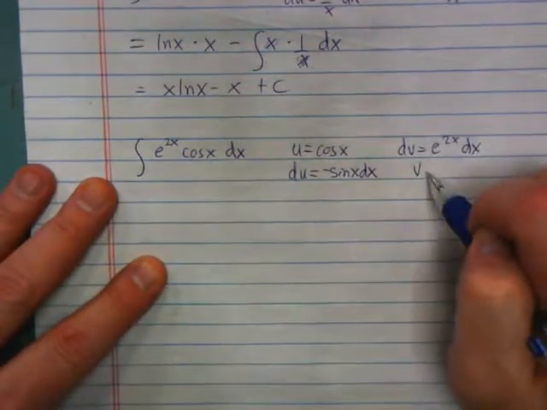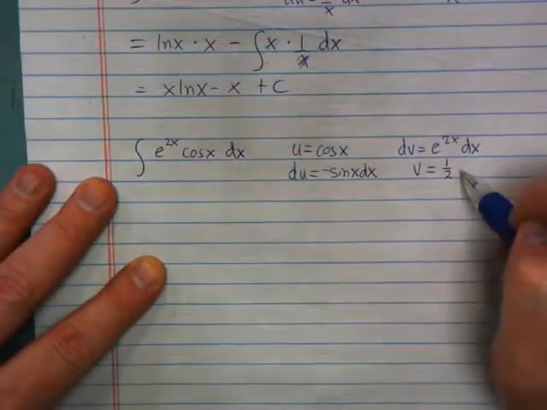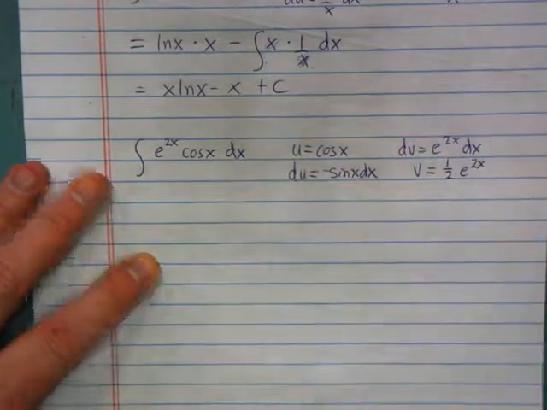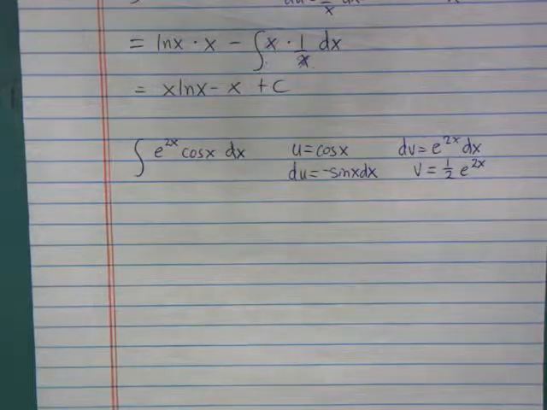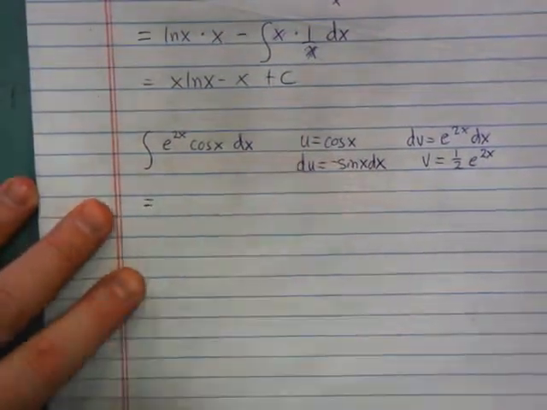And the integral of e to the 2x is 1/2 e to the 2x. We'll see. But it works out. All right, so we're going to have u times v.